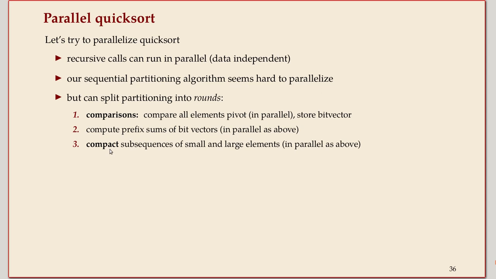And that happens to be exactly the compacting subsequences problem, right? The elements that are smaller than the pivot initially can be an arbitrary subsequence of your array. What you want is take them all and put them in a contiguous part at the beginning. And to make this work, we use a bit vector where we store the outcome of the comparison, whether an element is small or large.